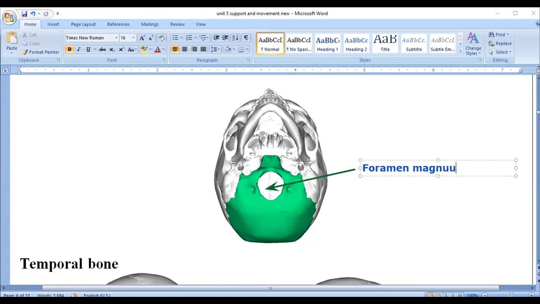Through this hole, the initial part of the spinal cord exits from the brain. So the foramen magnum is situated in the occipital bone. So the occipital bone is one.